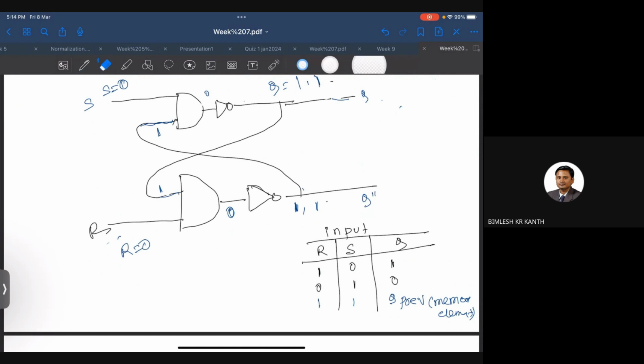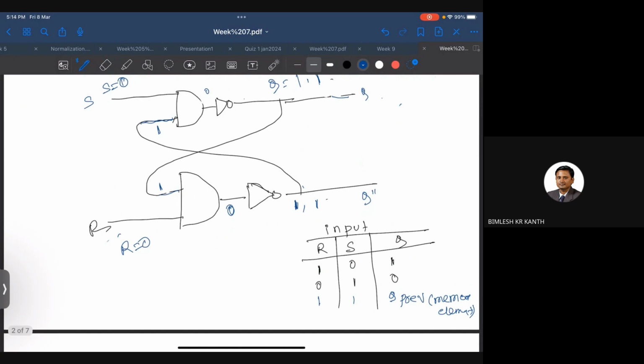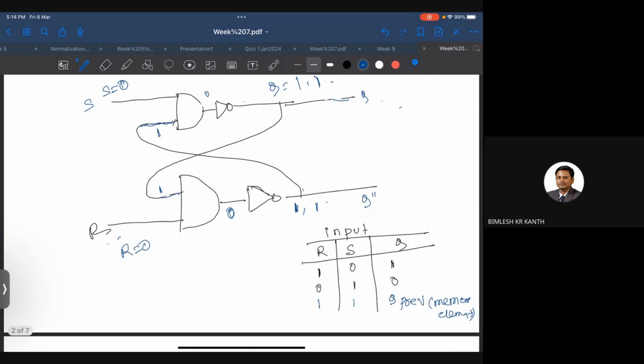Here both are one, right? This is Q and this is Q bar, both are one, so Q does not equal Q bar is not satisfied.